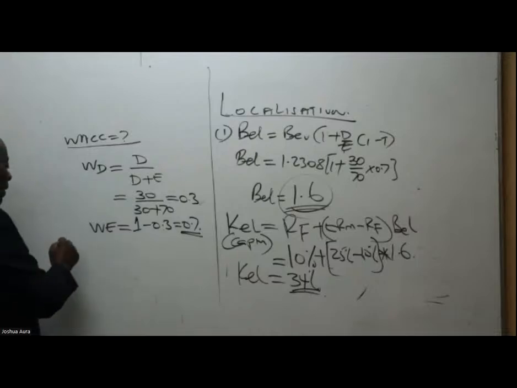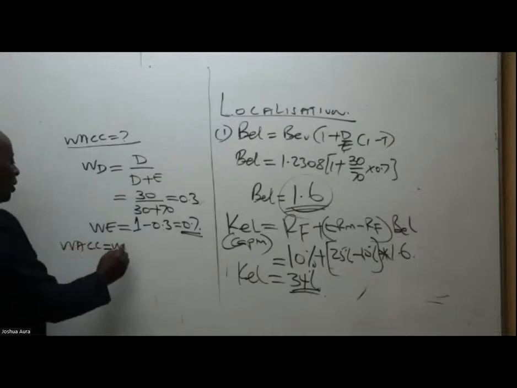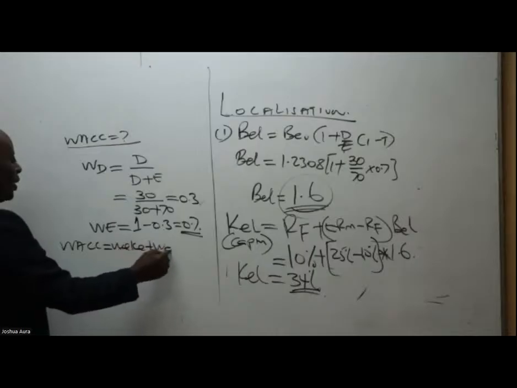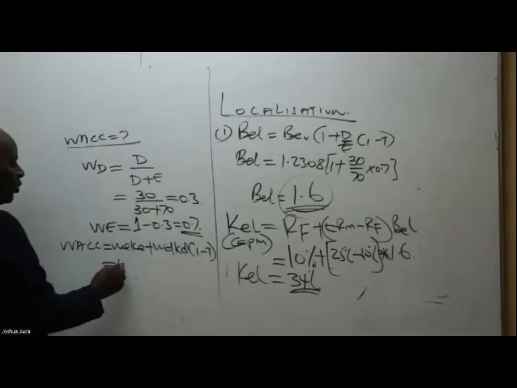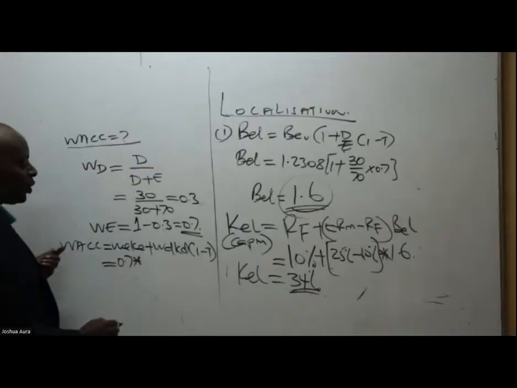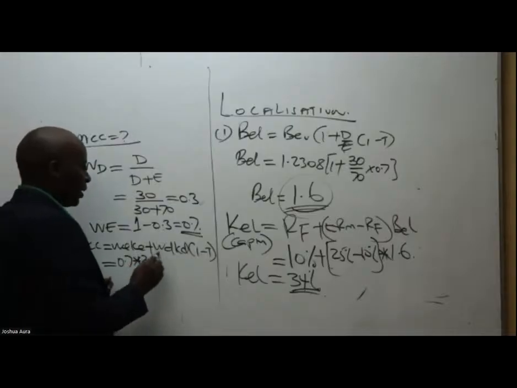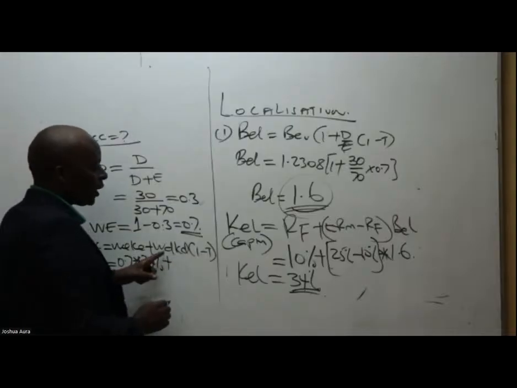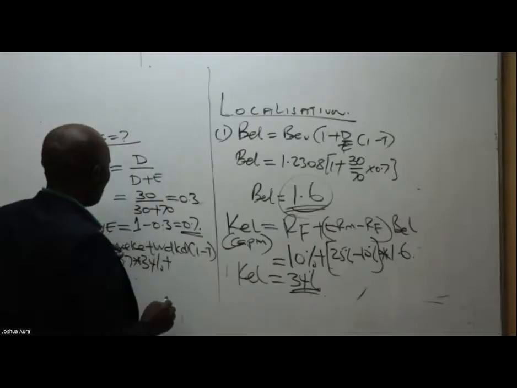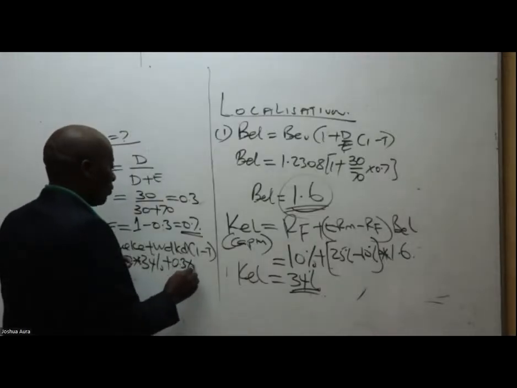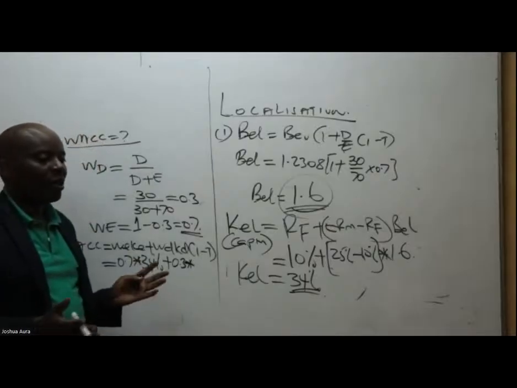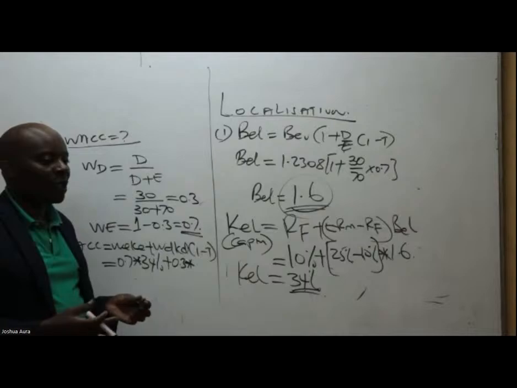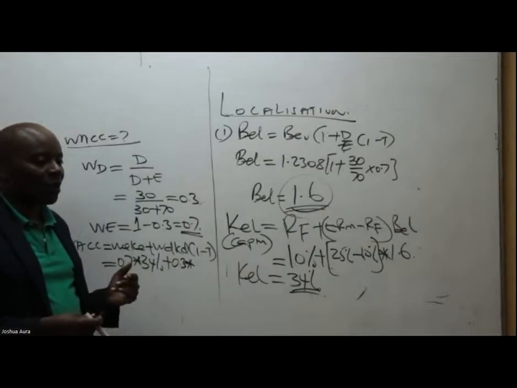Then the WACC will be weight of equity times cost of equity, plus weight of debt times cost of debt times (1 minus tax). The weight of equity is 0.7. The cost of equity we already have as 34%, plus the weight of debt, which is 0.3. Has the cost of debt been given expressly, or do we work with risk-free, which is 10%?